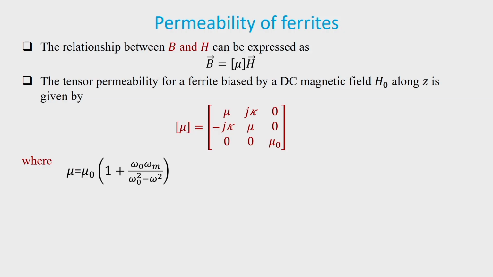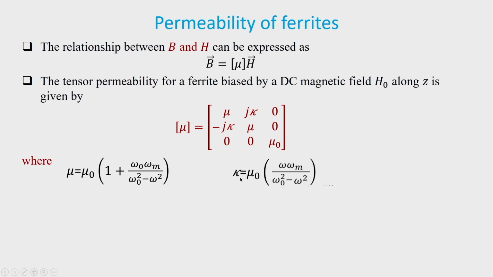This type of behavior comes because of the anisotropy present in ferrite material, and this mu, kappa, they are defined as mu is equal to mu naught into 1 plus omega naught omega m by omega naught square minus omega square.